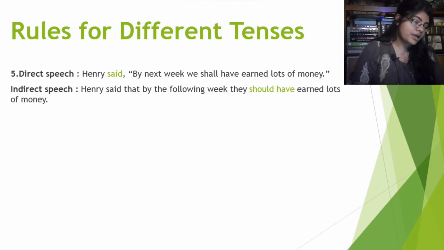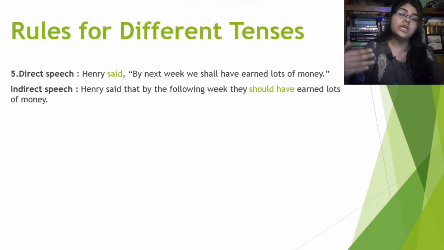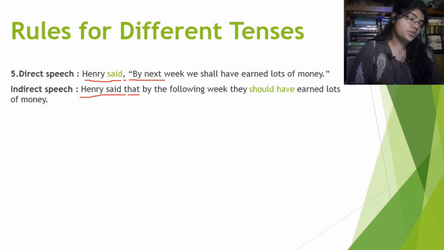Now guys, why am I giving you so many examples? I am doing this so that you can understand the change of each verb in the reported speech from direct speech to indirect speech. So what is happening here? "Henry said," comma will be replaced by "that." "By next week" will be "by the following week," because "next week" changes into "the following week" from direct speech to indirect speech, as we said earlier.